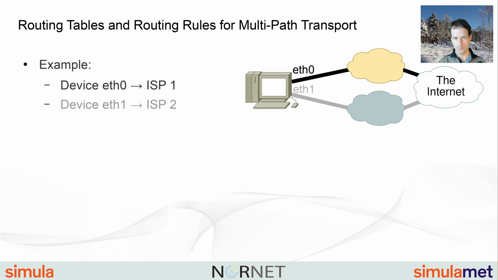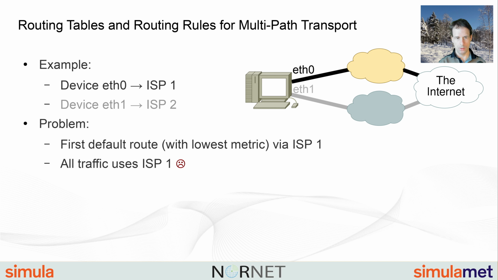Would MPTCP directly work out of the box here? Unfortunately not. The problem is, if you have the lowest routing metric over ISP 1, that is Ethernet 0, all the traffic will use Ethernet 0, so you do not get what you want. You have to do a little bit more.